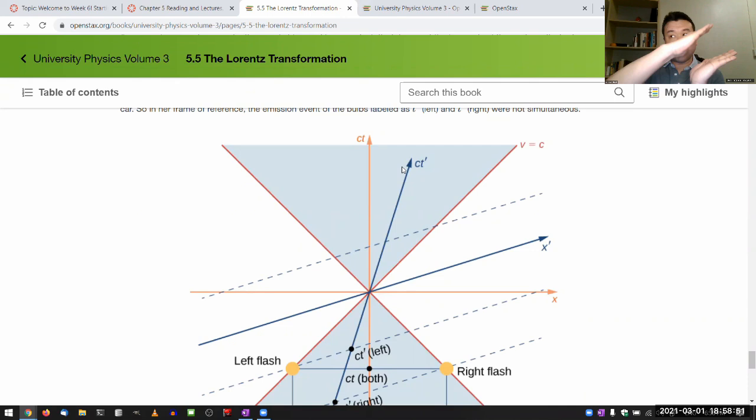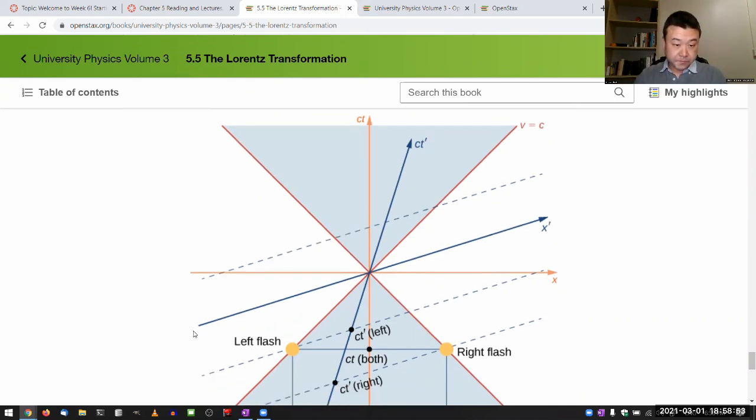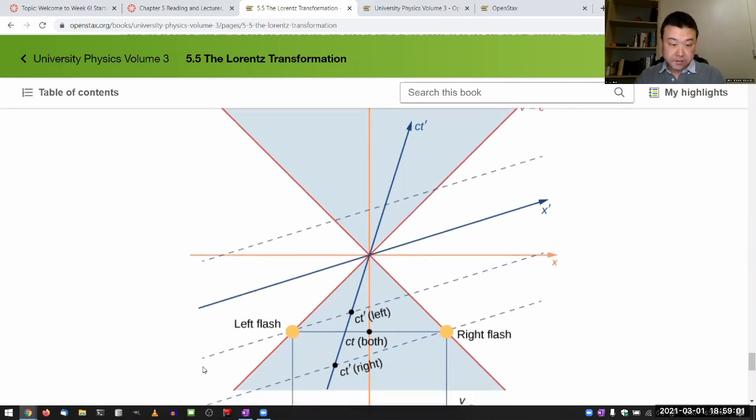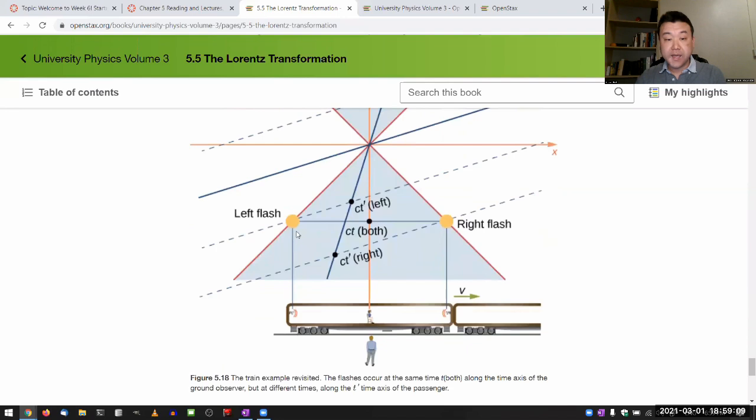These axes have rotated, and lines parallel to the x prime axis are where time has the same value. So these are the set of points that are simultaneous with this event in the reference frame of the train, and these are the set of points that are simultaneous with the right flash in the reference frame of the train. Looking at this, you see that the right flash does occur before the left flash. This is more negative time than the left flash.